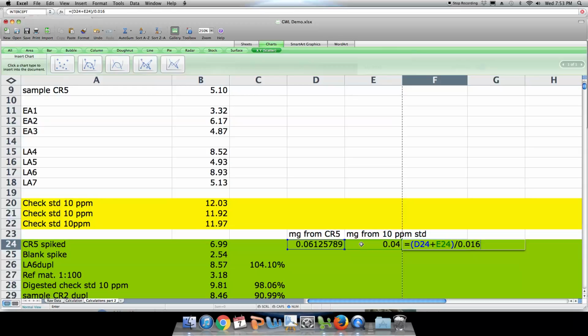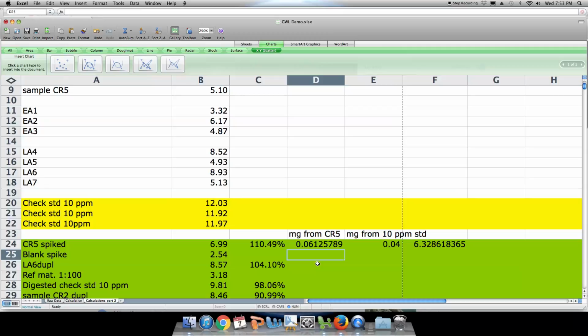So let's skip those steps and just work with 16 milliliters. And that gives us 6.32 or 6.33 milligrams per liter in our spike solution, and we measured 6.99. So we'll take the measured amount divided by the theoretical amount and get a spike recovery of 110%.